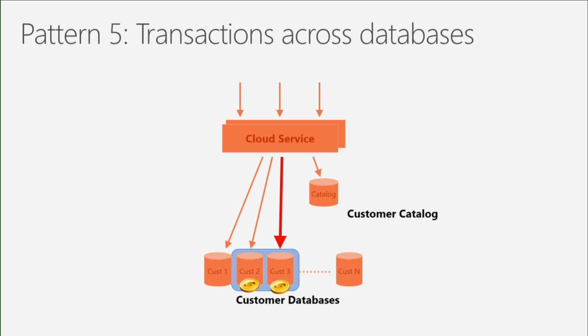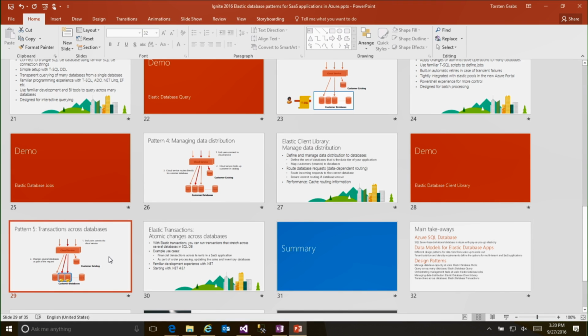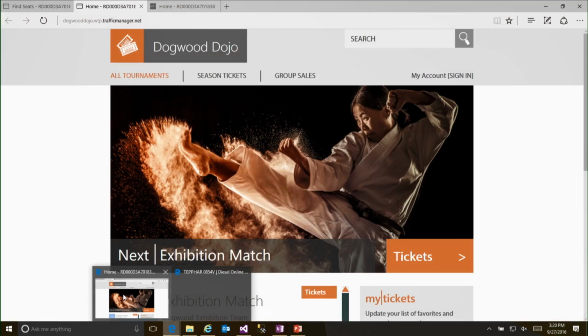So going to our fifth and last pattern that we're, additional question. Yes. Where should we be picking up the tenant ID? The question is, where should we be picking up the tenant ID? What I've done in this particular case is essentially the tenant ID flows in as part of the request, and let me actually show you that.